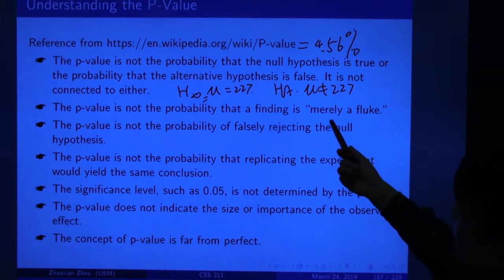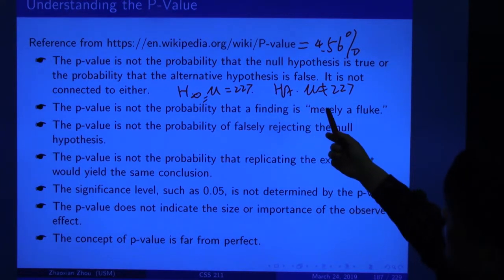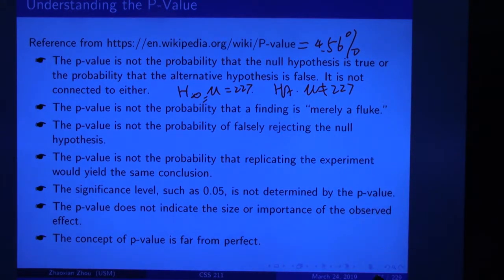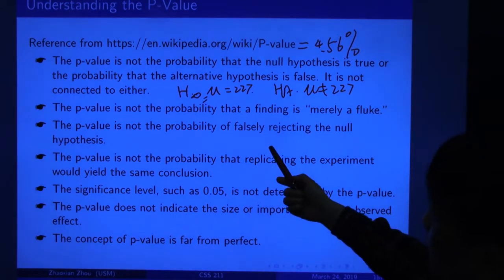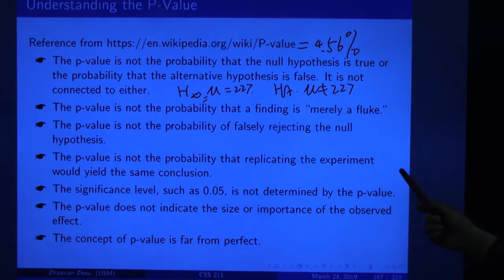Or can we say that the population mean not equal to 227 has a 4% probability of being false? This one is also not true. The p-value is not the probability that our finding is merely a fluke.